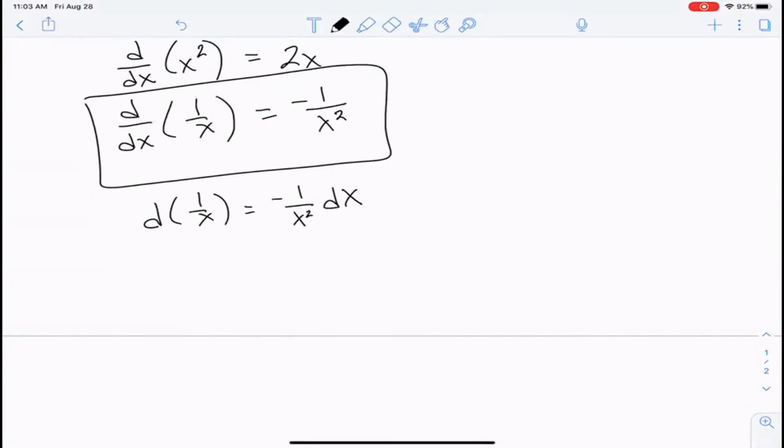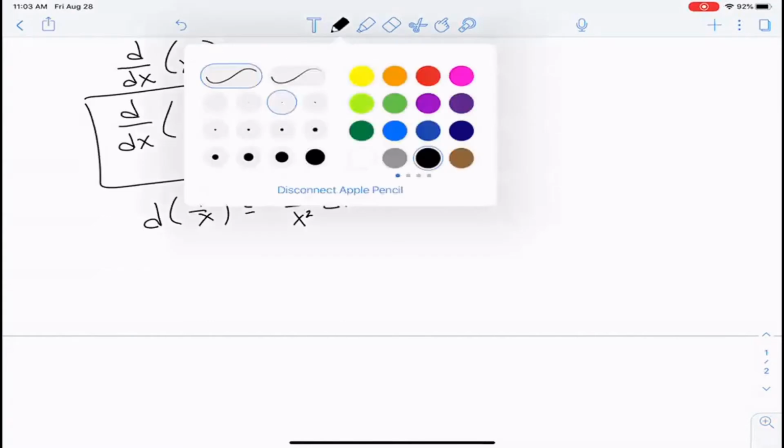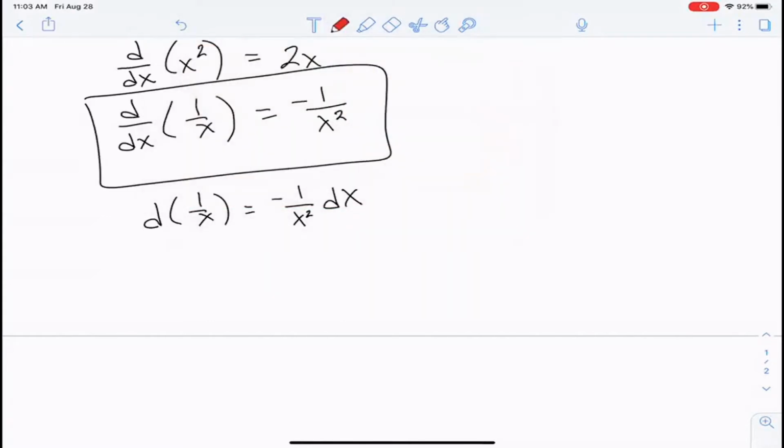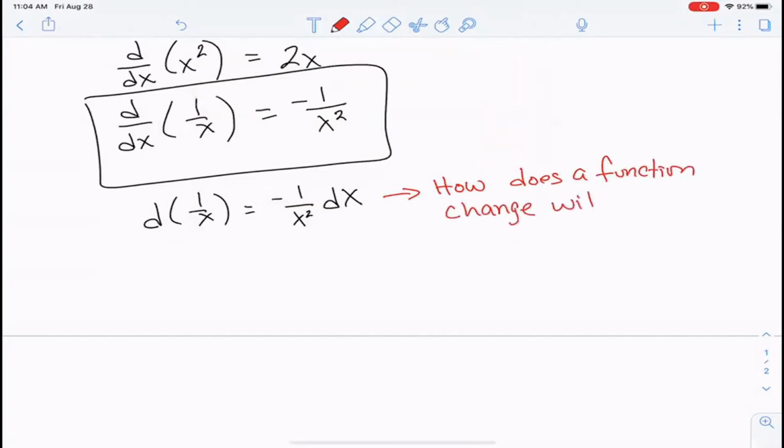And really what that derivative is asking us is, how does a function change with variable x? And that function is 1 over x changing with variable x.